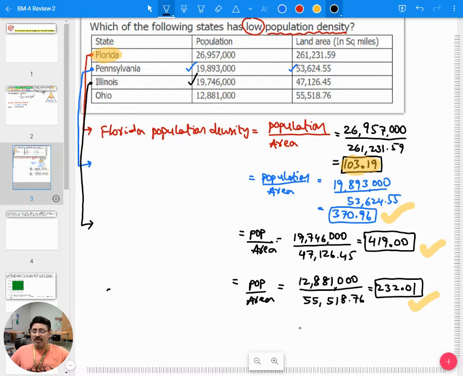You may be given options like A, B, C, D: Florida, Pennsylvania, Illinois, Ohio. Then you are expected to choose Florida because that's the lowest density state. Okay, let me quickly go to the next one.